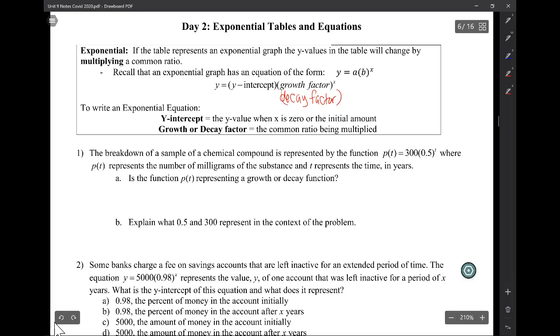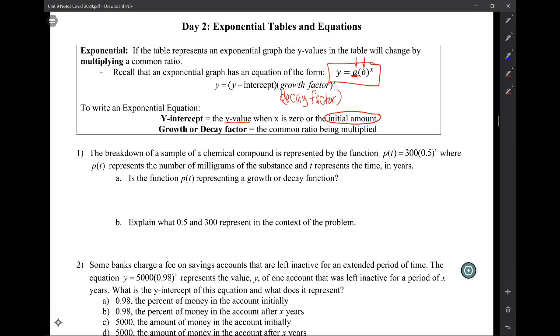And so in our standard form of an exponential function, there are two parts. We have the coefficient out front and we have the base of our exponent. The coefficient out front is going to be known as the y-intercept, okay, so the y value when x is 0, or if we're talking in terms of a real world problem, the y-intercept is going to be your initial amount.